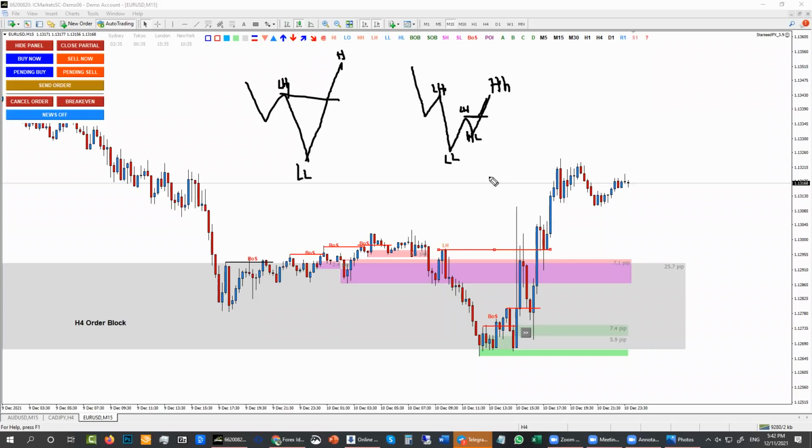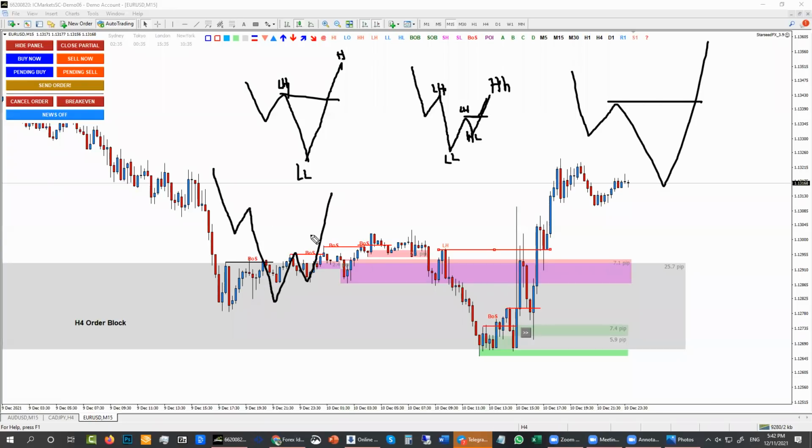So that's to me, but you see again, it could be like that, right? It breaks this one, or it can also be like that, like here. It doesn't matter. We just want to see the break above. The key is in the break above, okay? Whether it is a lower high to be broken, or yeah, it's always a lower high to be broken, by the way. I'm talking about the pattern like that.